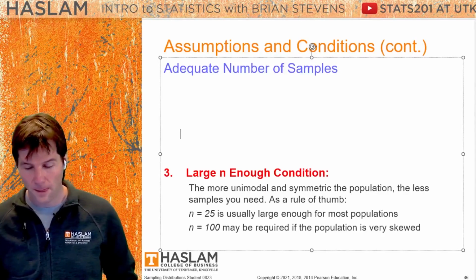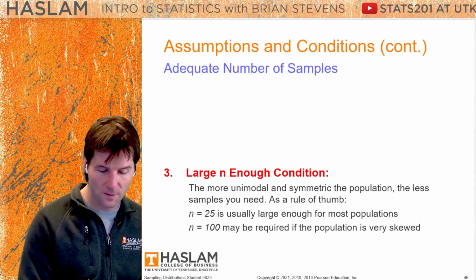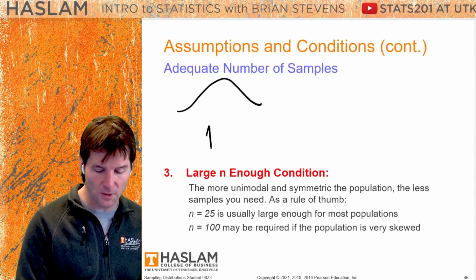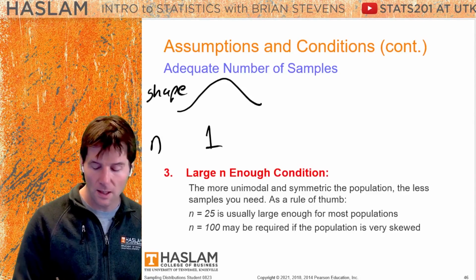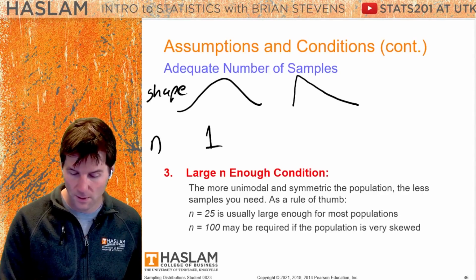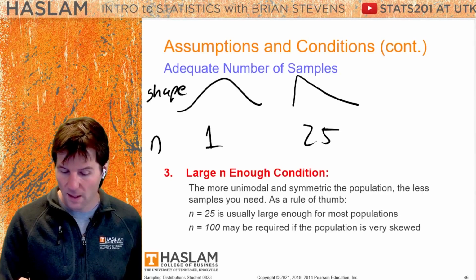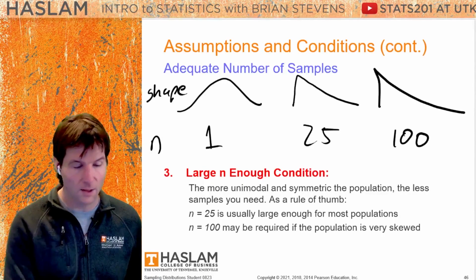As in, if the shape of our data is normal, we only need a sample size of 1. What n needs to be depends on the shape. If the shape of our data is skewed, we need 25. If it's heavily skewed, we need 100. There's the numbers down below.